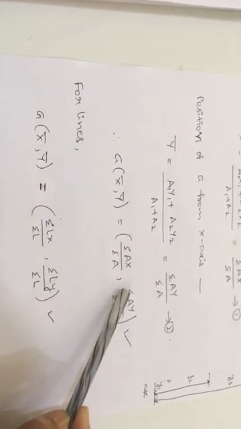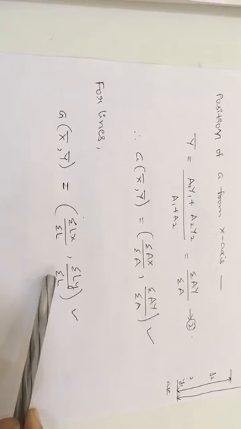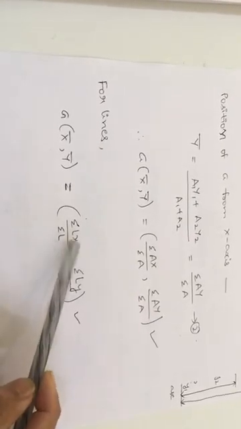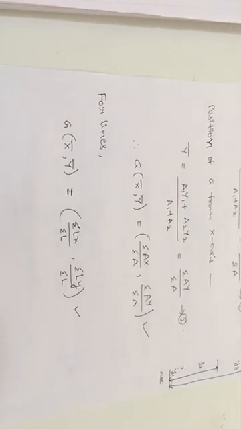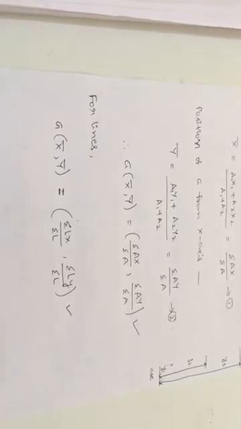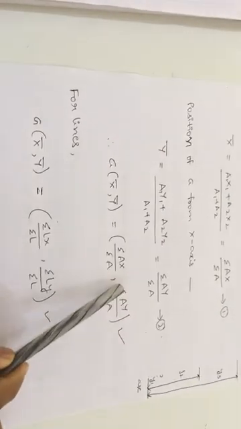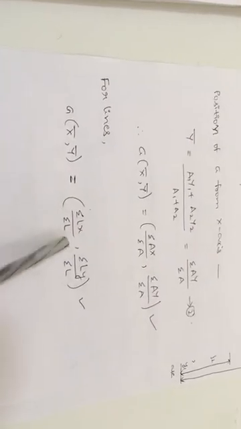Suppose for example, for lines, the same formula of the centroid is used with A replaced with L. So suppose in the problems, if you find plane figures like rectangle, square, triangles, you can use this formula. If you find lines, you can use this formula. Or if you find any solid bodies, you can use the volume formula.